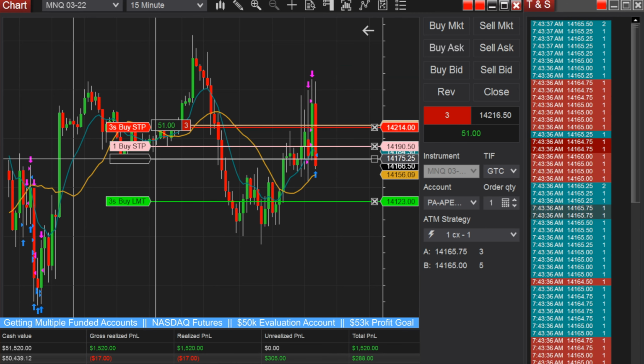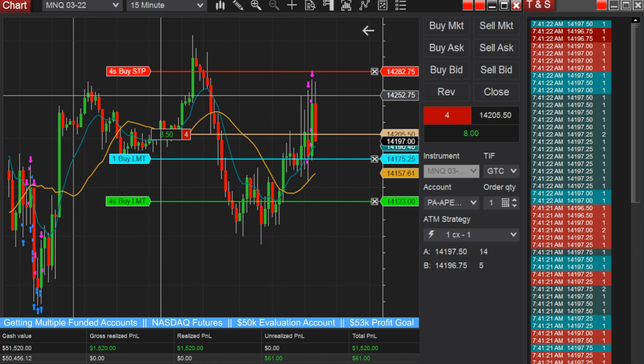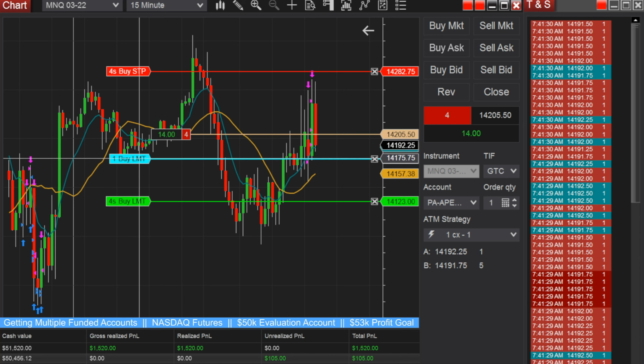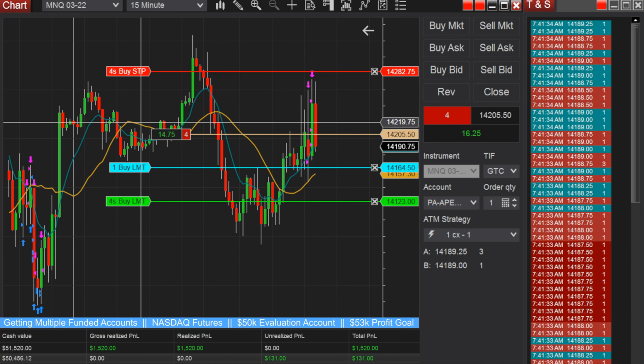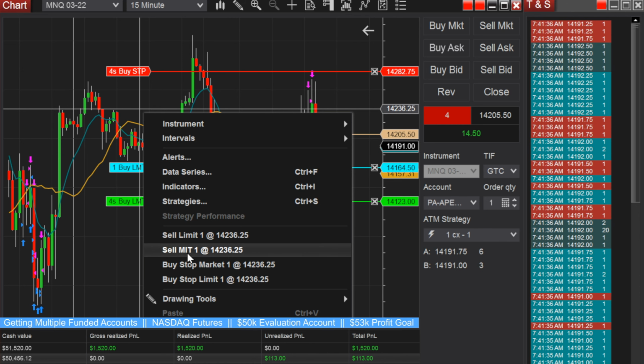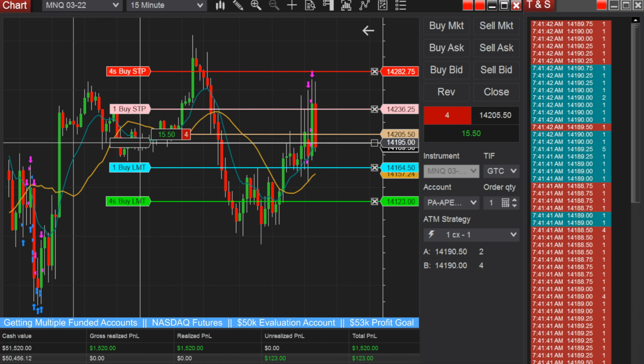So here we get it to work in our favor. And again, my average is just horrible. So I'm looking to size down a little bit, even though I should be diligent and stick to my plan and where I think this will eventually go, especially on higher time frames.